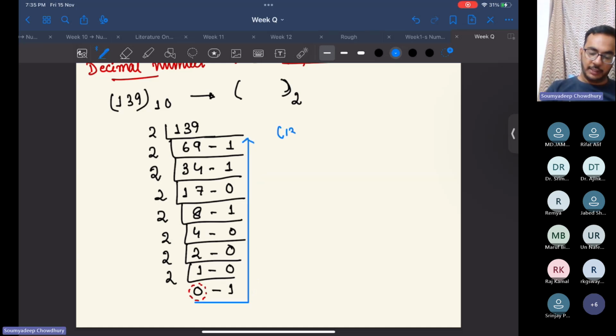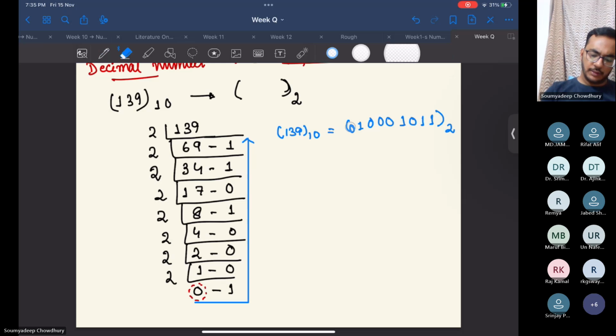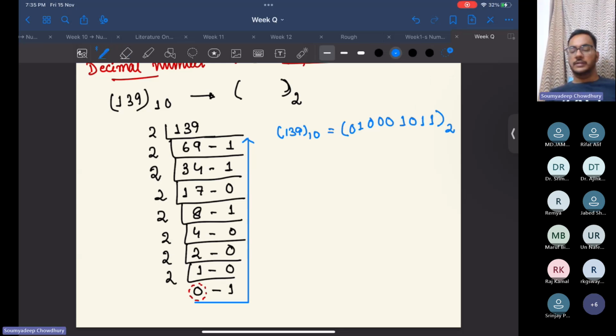So 139 to the base 10 is equal to, in the reverse order, 1, 0, 0, 0, 1, 0, 1, 1 to the base 2. We don't need to write the leading zeros, but you can add this 0 here. So this is your corresponding binary number.